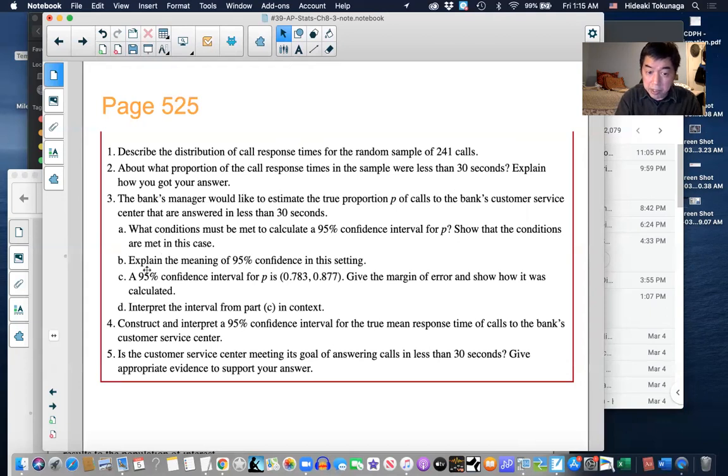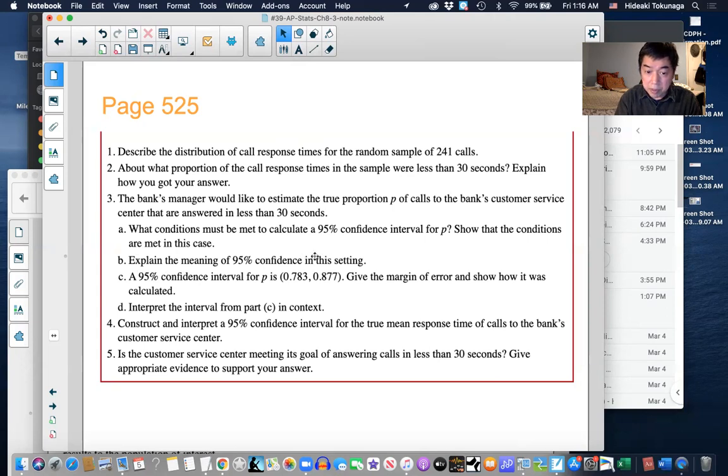Now, explain the meaning of 95% confidence in this setting. So we run the 95% and we try to get the true proportion.